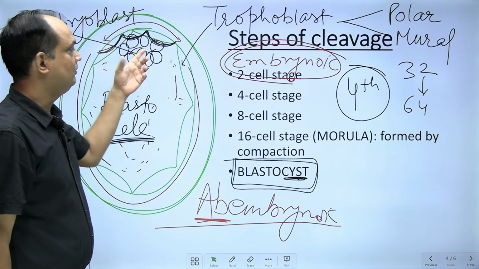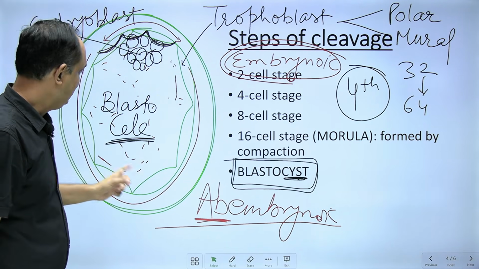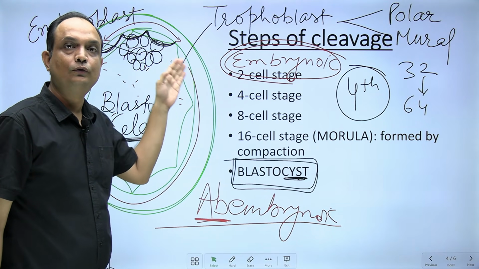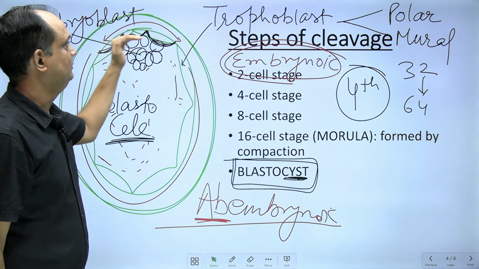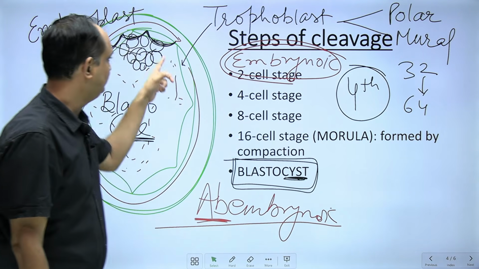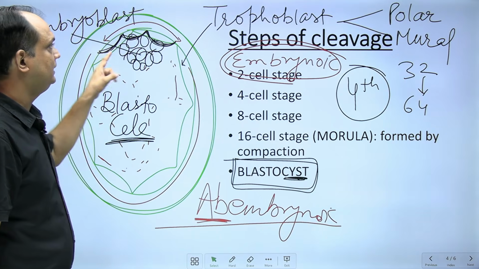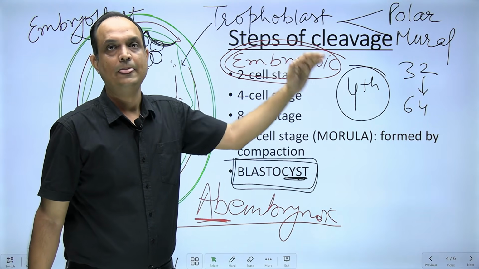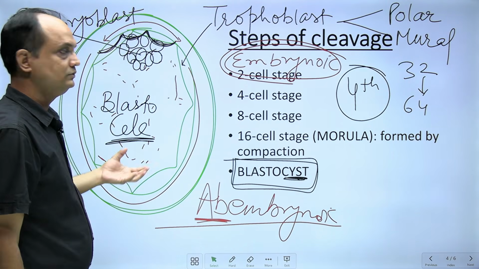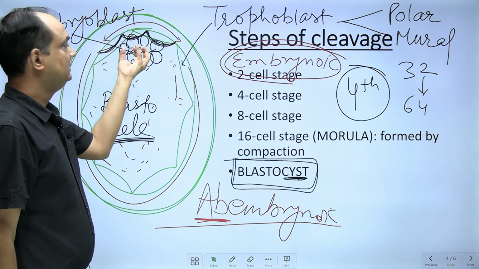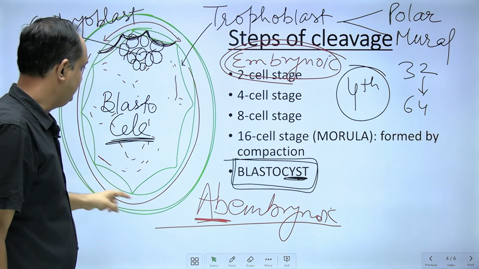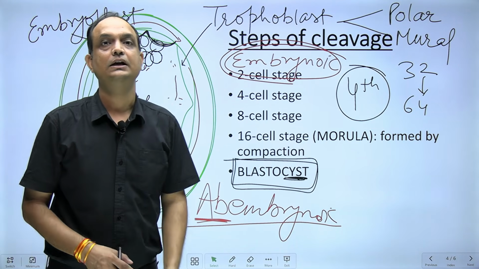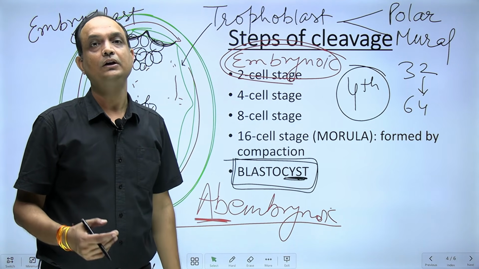These cells are now known as embryoblast. The outer lining is known as trophoblast. Trophoblast is divided into two. The trophoblast covering the embryoblast is known as polar trophoblast. The trophoblast on the remaining part is known as mural trophoblast. The area of the blastocyst which has the embryoblast inside is known as the embryonic pole, and the remaining area is known as the abembryonic pole.